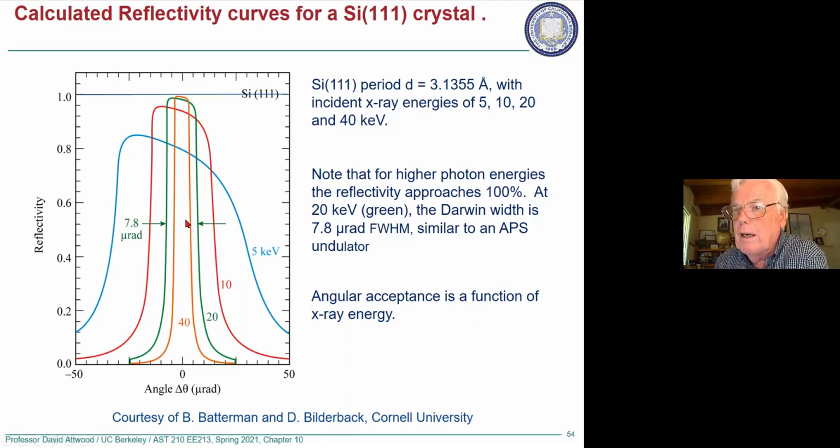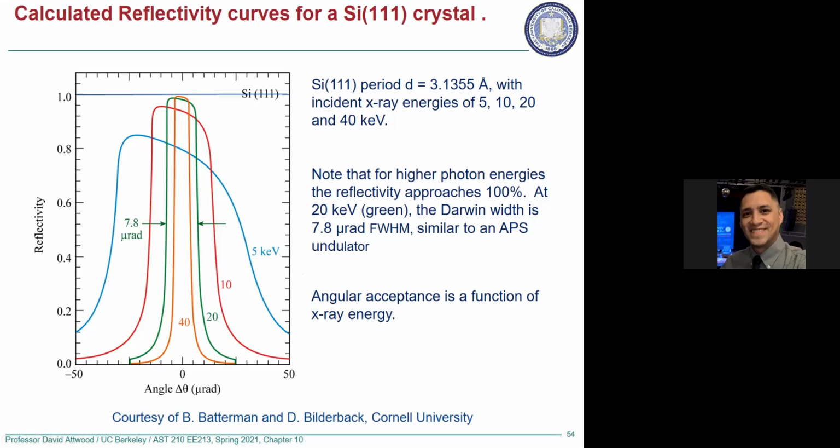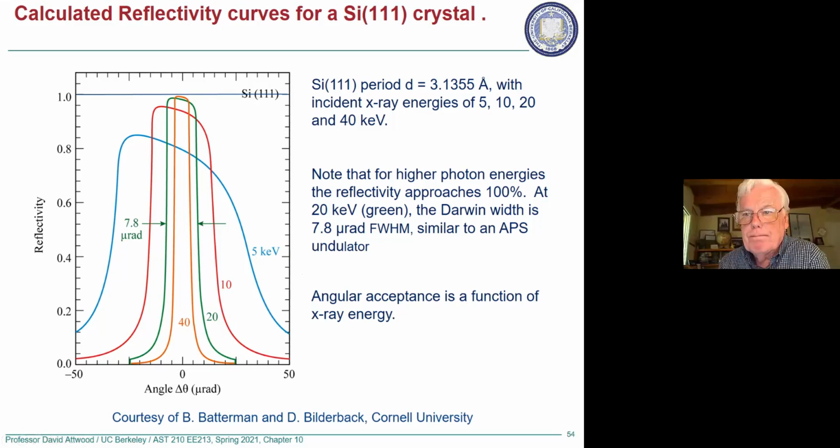At the ALS, it's 100 times smaller. I think it's like 30 times smaller at Argonne in the vertical direction, and in the horizontal direction, depending on your crystal orientation. So that's what you're doing: how does this angle of acceptance compare with the distance and size of your source?